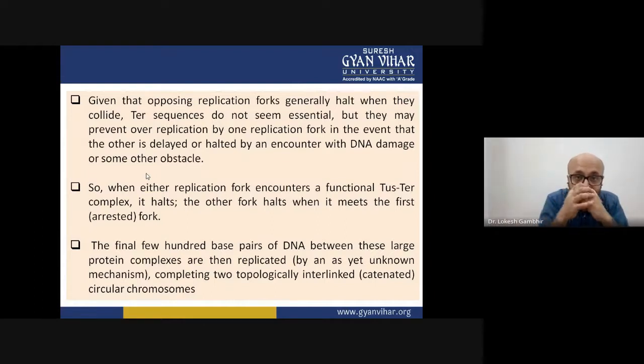Then the remaining portion where exactly the TER sequence is present, how those few hundred base pairs we are talking about are getting replicated, is still under investigation, and multiple mechanisms have been showcased in the literature. So what we have studied till now, we have completely established how these processes are going about, in terms of initiation, in terms of elongation, in terms of termination.